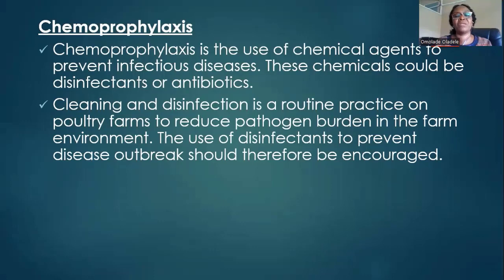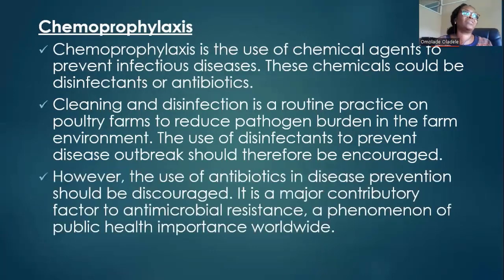Now, the use of disinfectant to prevent disease outbreak should therefore be encouraged. However, the use of antibiotics as a measure for disease prevention should be discouraged as much as possible. It is a known fact that they contribute to antimicrobial resistance that is ravaging the world, both in humans and in animals.